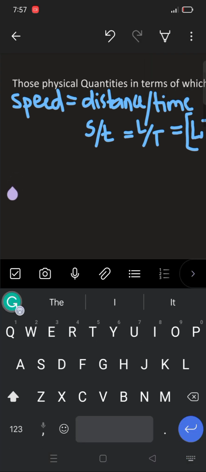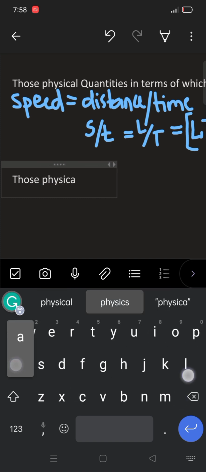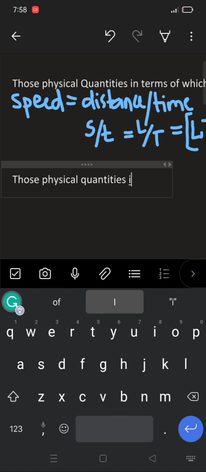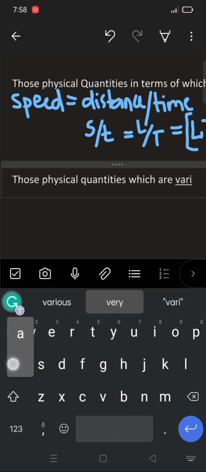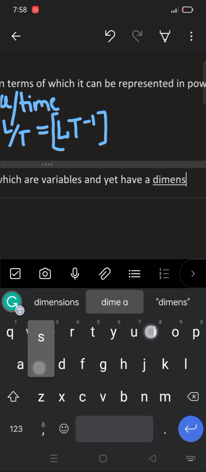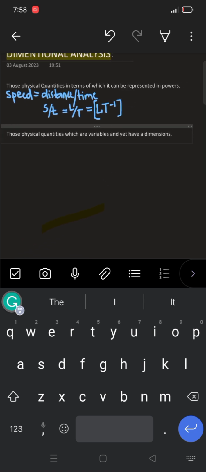Let's write the definition of dimensional variable here. We have those physical quantities which are variables and yet have dimensions. Those physical quantities which are variable and yet they have dimensions are known as dimensional variables.